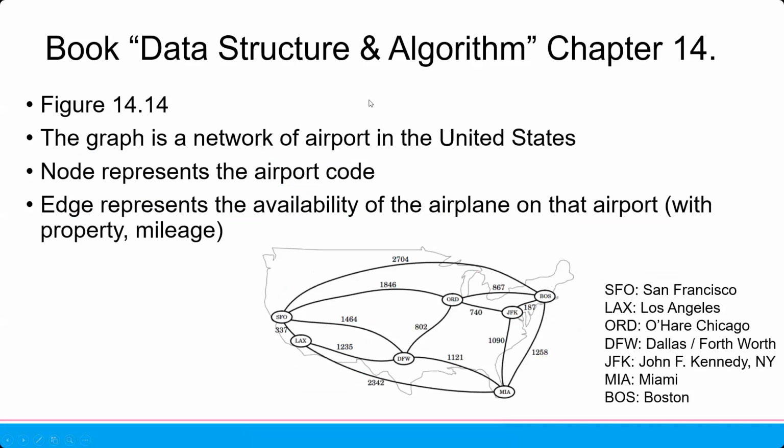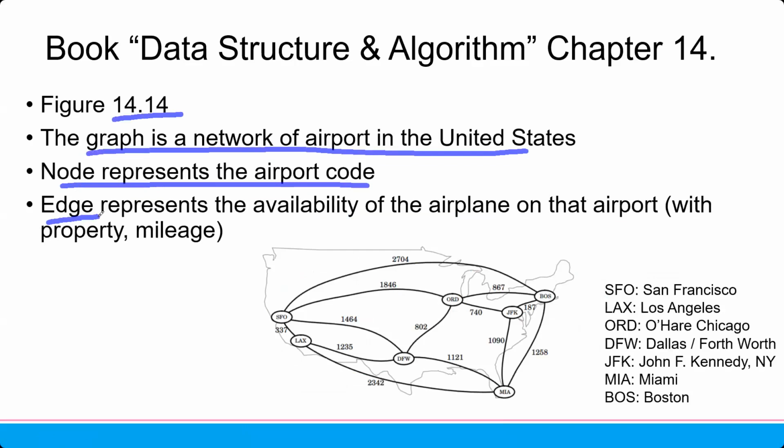This is another example in chapter 14, figure 14.14. This is a graph of a network of airports in the United States, and now we have information about what X means: the mileage.